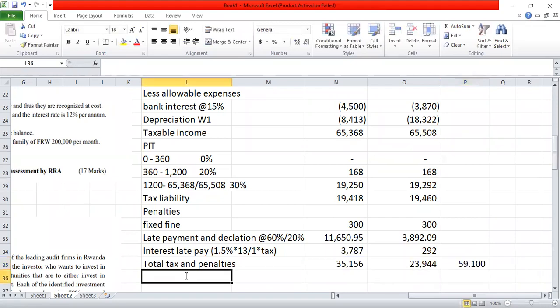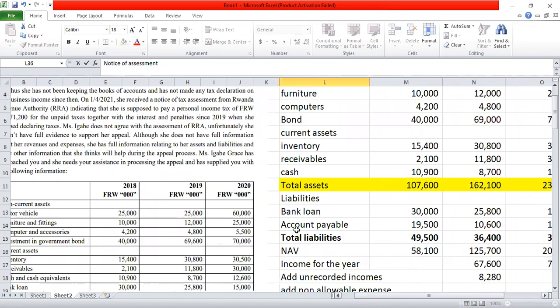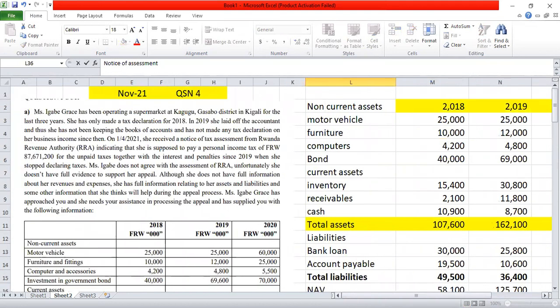And our notice of assessment is 87, I think, something. 87,671.